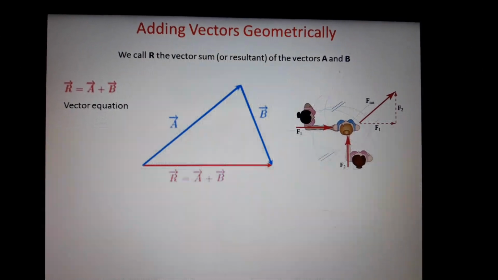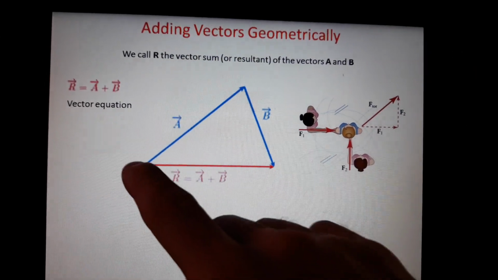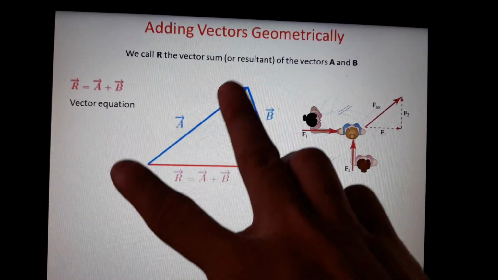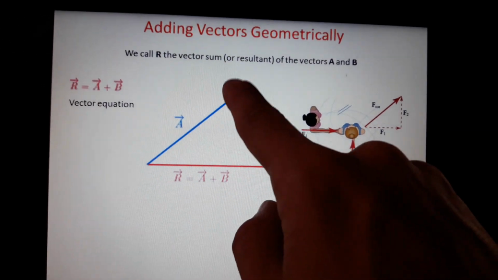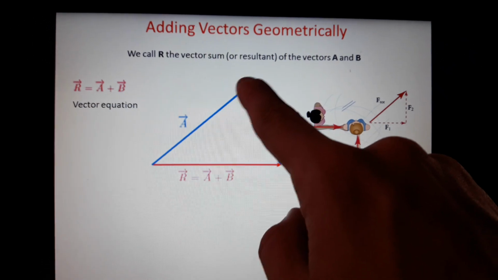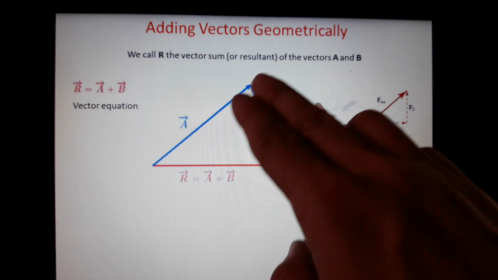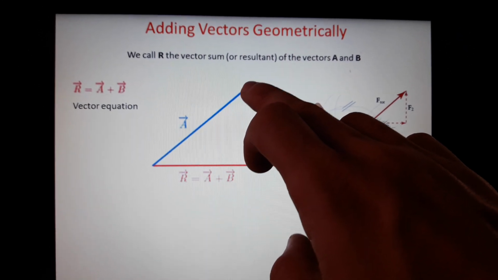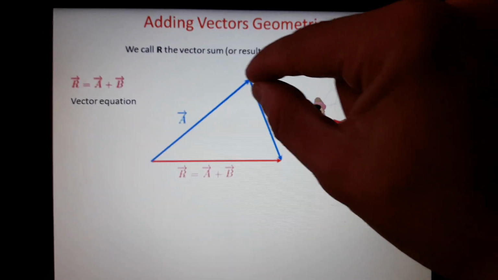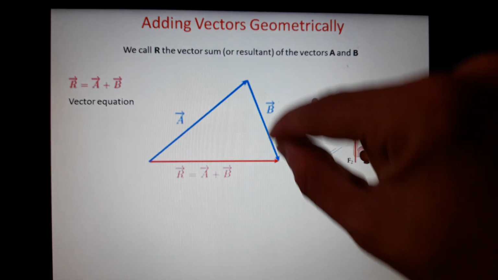And adding vectors, the rule to add vectors: you use, for example, a plus b. You use the edge of this vector as an arrow. We have here the beginning of the arrow, and we always put it at the end of the other arrow.